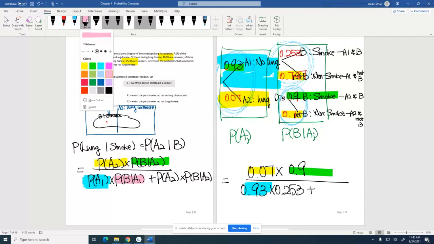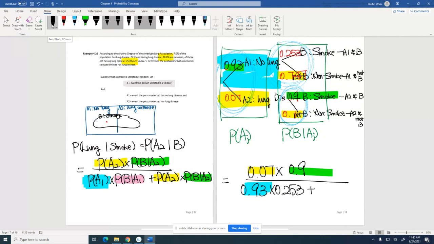And now the second multiplication will be the same as the joint probability of A2 and the conditional probability of B given A2. Already we got them in the numerator. It's 0.07 times 0.9. Can you give me the multiplication 0.07 times 0.9, please? Thank you. 0.063. And the second term will be the same as the numerator, 0.063.